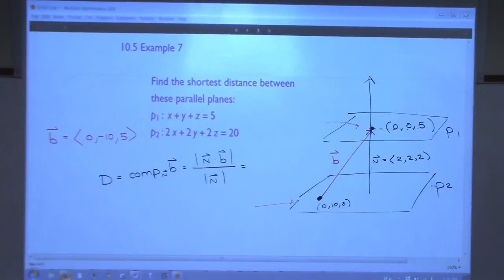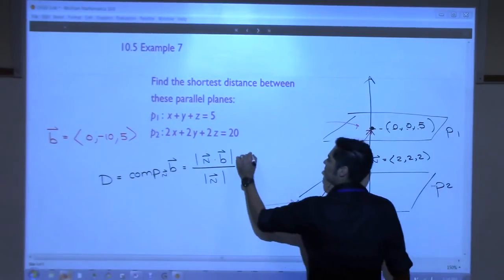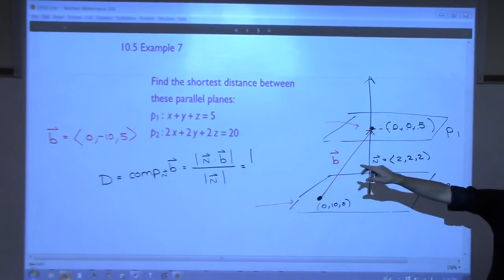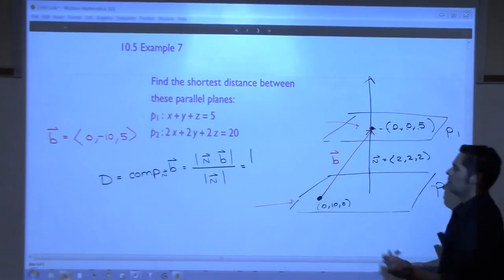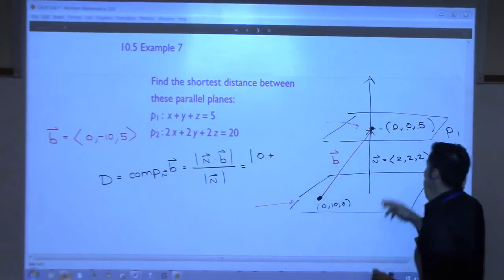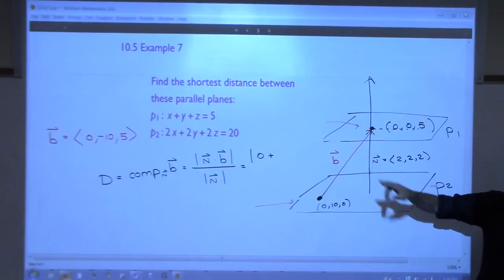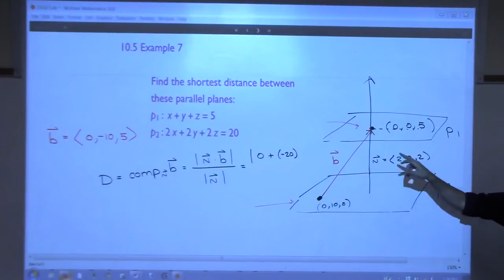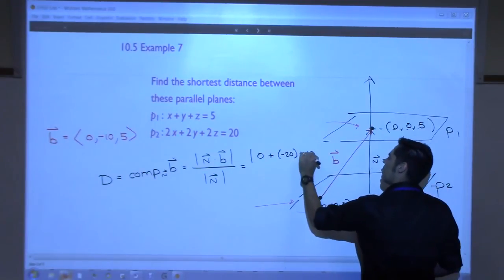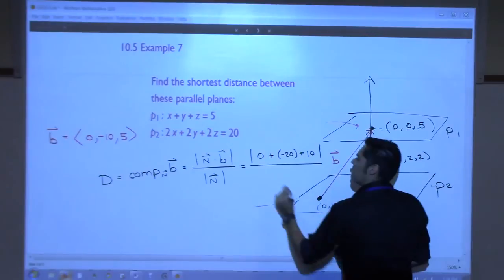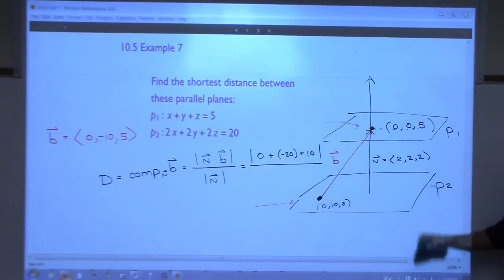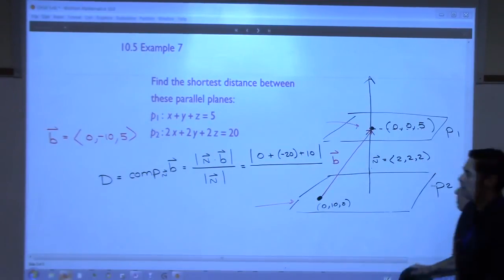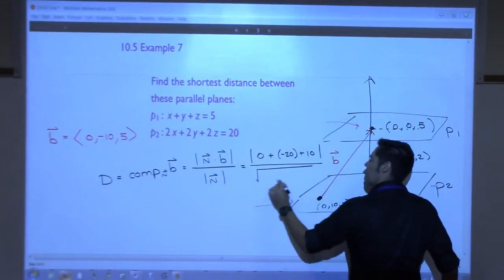So what do you get when you dot N and B together? 2 times 0, so nothing, plus 2 times -10, which is -20, and then plus 2 times 5, which is 10, all over the magnitude of N, which is the square root of this squared plus this squared plus this squared, right? So the square root of 4 plus 4 plus 4.